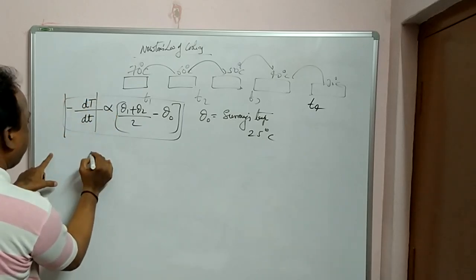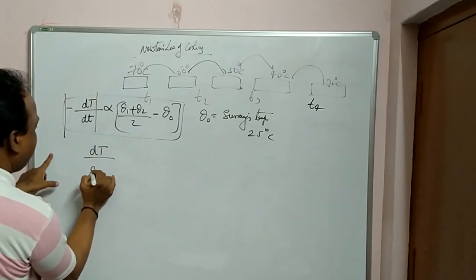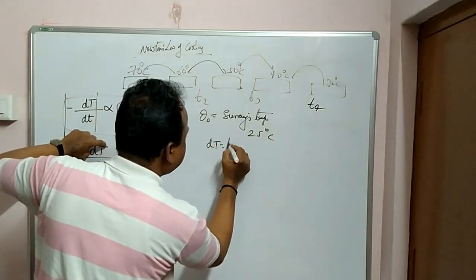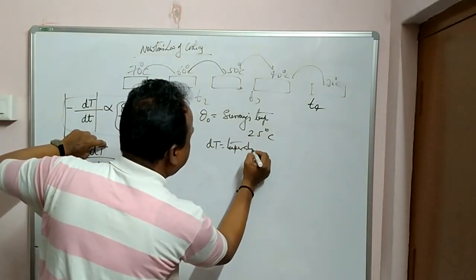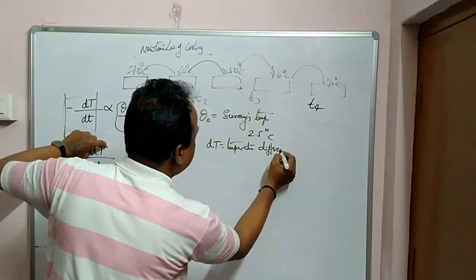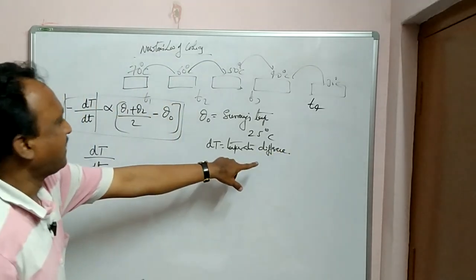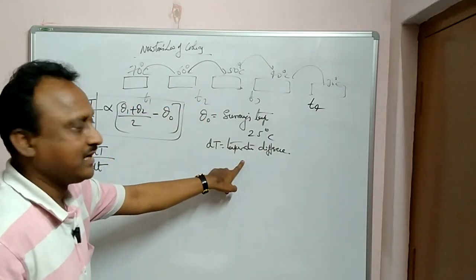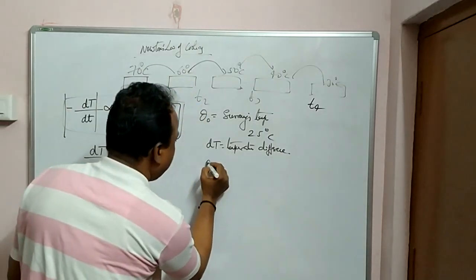Therefore dθ by dt. What is dθ here? Temperature difference, please. If it has fallen from 70 to 60, that is 70 minus 60. And what is small dt? Time.